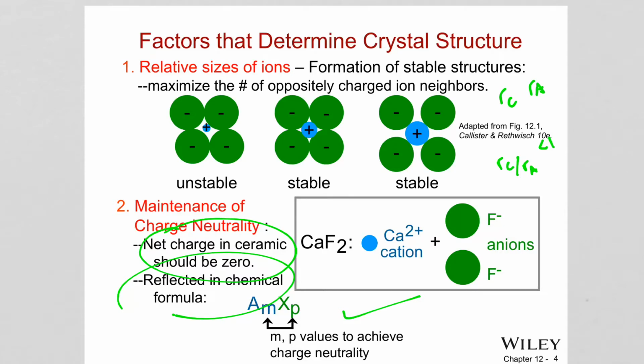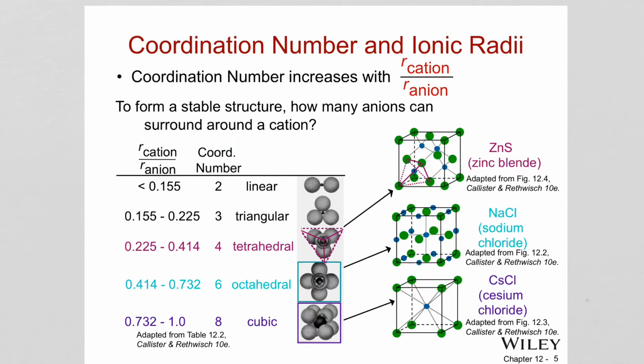Stable ceramic structures form when the anions surrounding a cation are all in contact with that cation, such as this one, that one, but not this one. The coordination number, that is the number of anion nearest neighbors for a cation, is related to the cation to anion radius ratio.